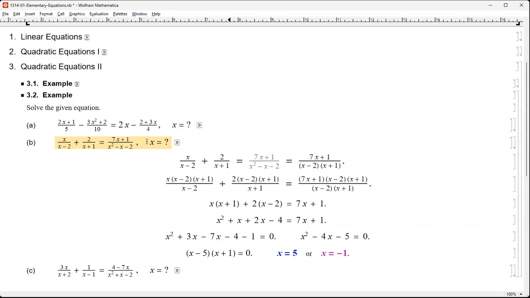But there are some problems where the checking process is absolutely necessary, and there are some where it's not really necessary if you are totally comfortable with your computation. This is one of the former, absolutely necessary, because a lot of things can go bad in the denominators. If it becomes 0, everything breaks apart.